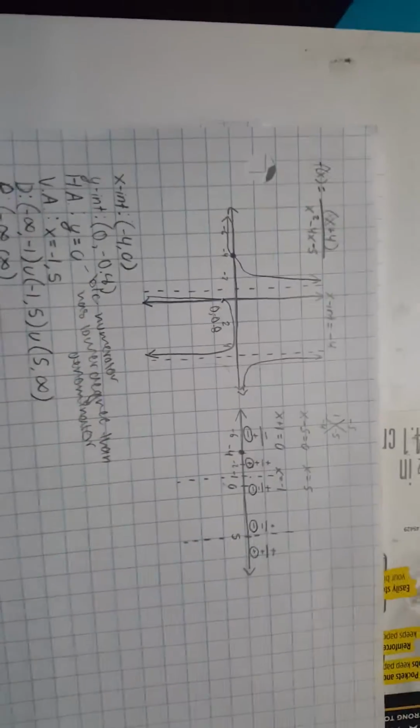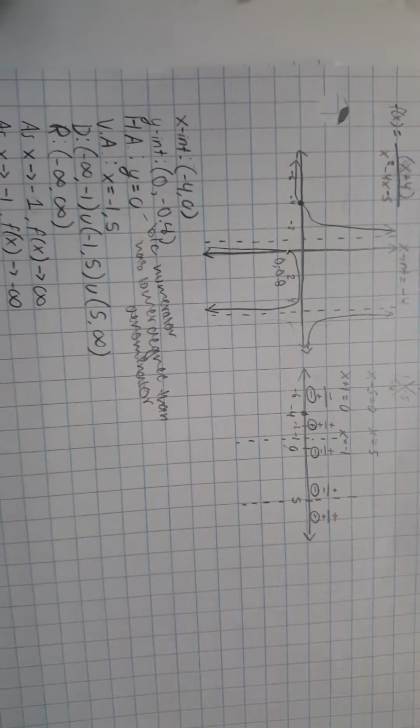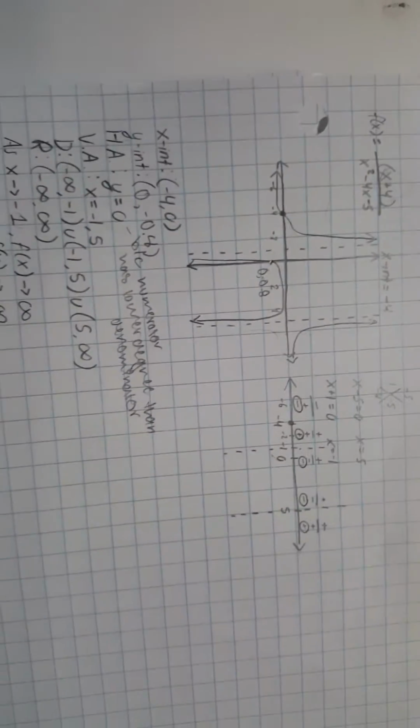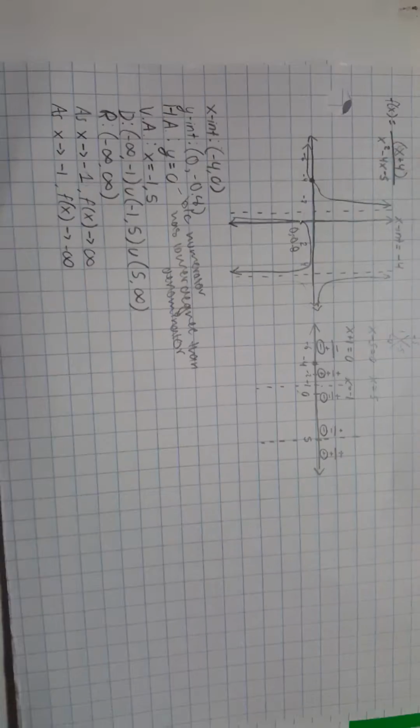So the first problem is (x + 4) over (x squared minus 4x minus 5). First I'll explain the x-intercept. x plus 4 is 0.